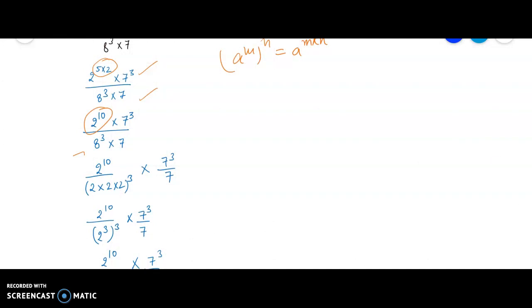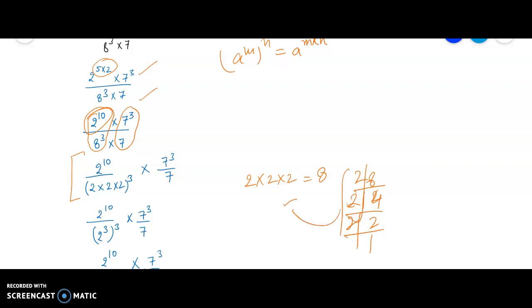Now see, in this step, 2 raised to the power 10 I've got. Now you can see that here 7 is the common base, and also here I can get 2 as the common base. How? You know that 2 multiplied by 2 multiplied by 2 is 8. You can find the prime factors of 8, right? 2 fours is 8, 2 twos is 4, and 2 ones is 2.